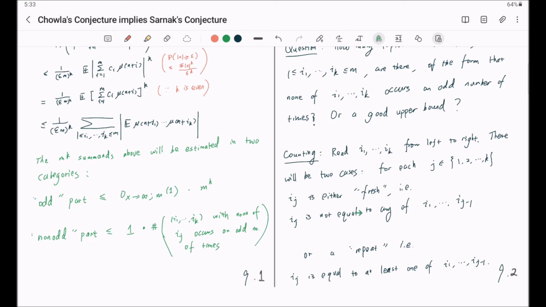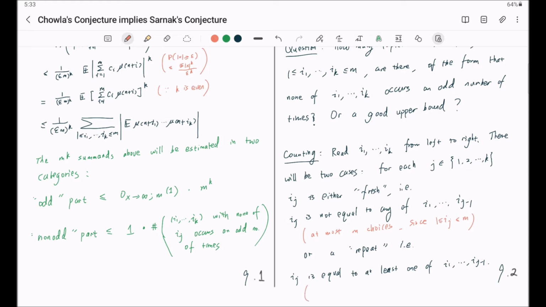For the first case, the fresh case, the estimate is that we're going to have at most m choices, since I sub j is greater or equal to 1, less than or equal to m. This is a rather trivial bound.